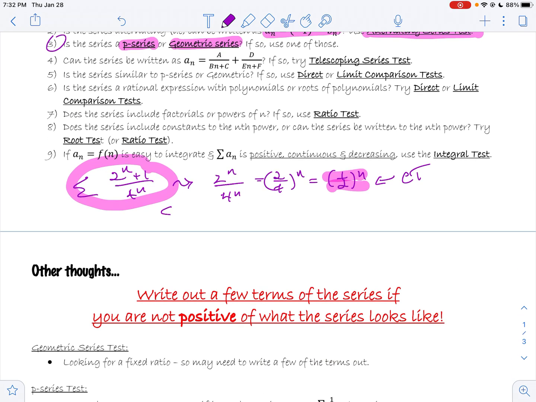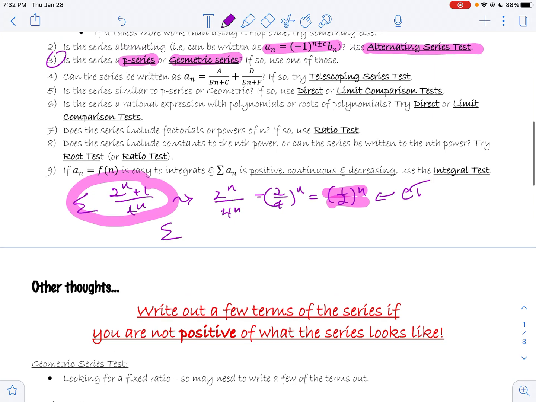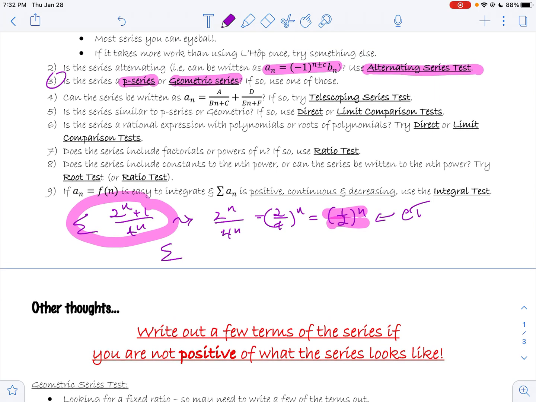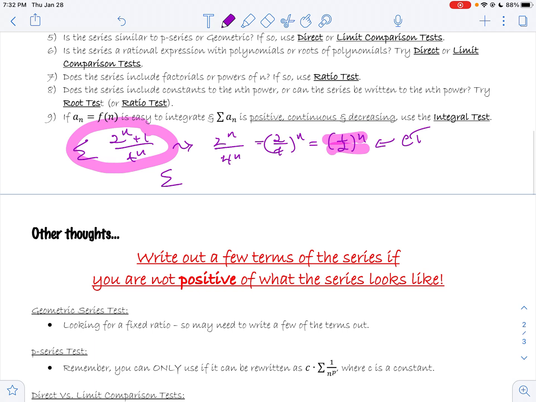Same thing with p-series. If you have something like, I don't know, 9/10 over n squared. Let's say that.